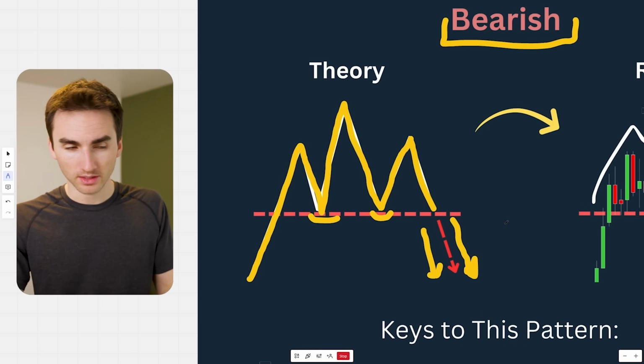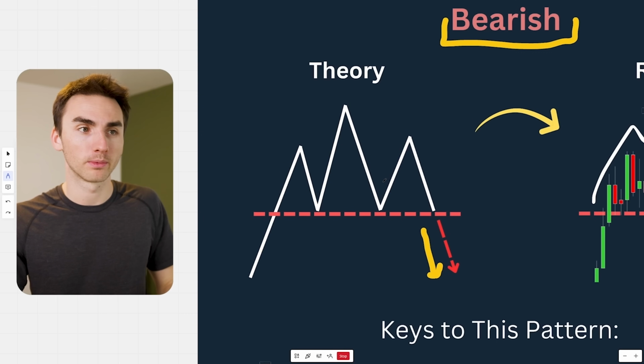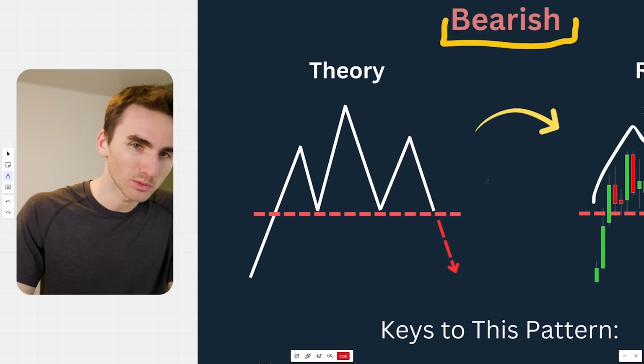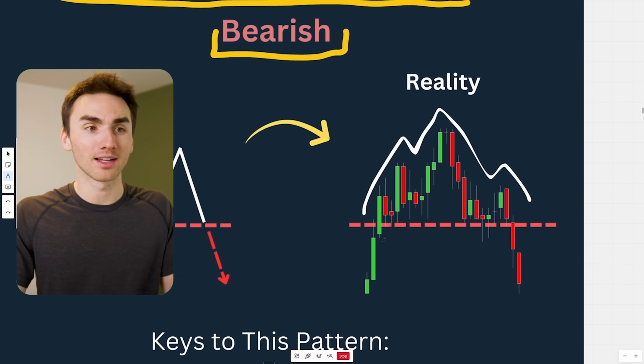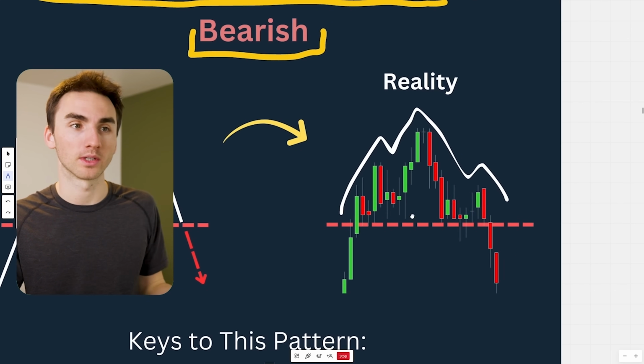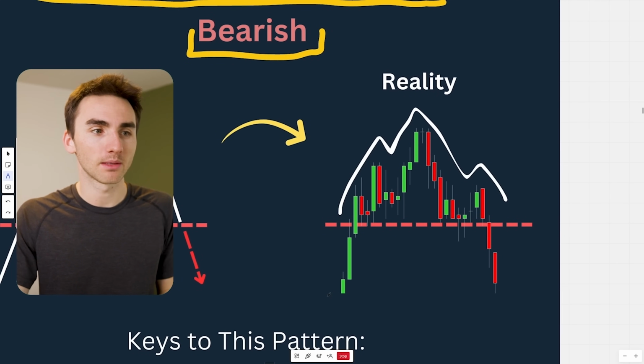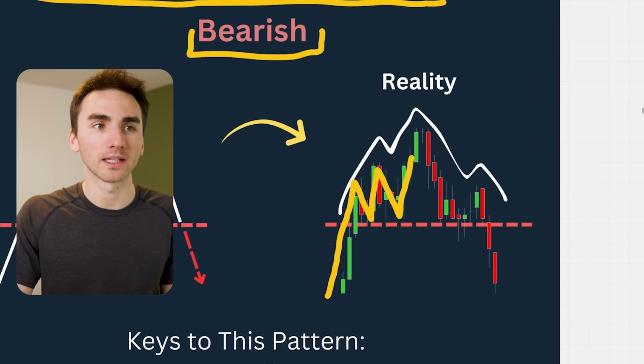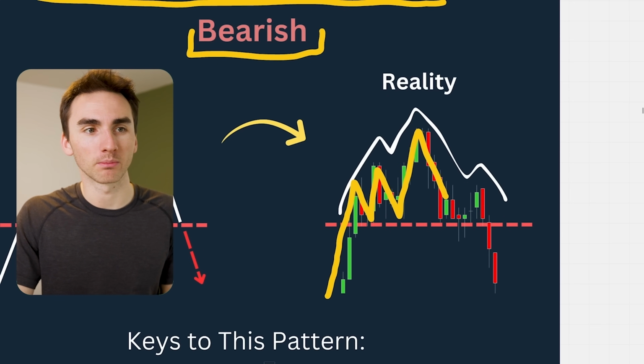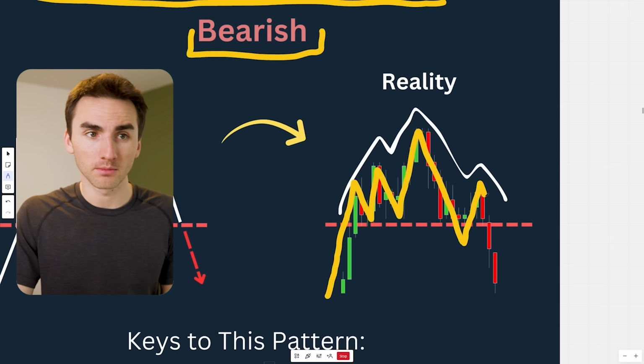Now, the reality of this pattern, and any of these patterns, is that it doesn't always show up like that. A lot of the times it looks a little different, right? But here you can see the same thing. We have a move up, just looking at the swings, it's made a bigger swing there, and then here it makes a lower swing, and then it makes a lower high.